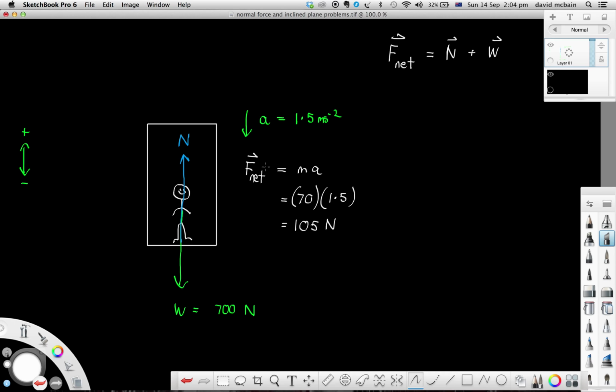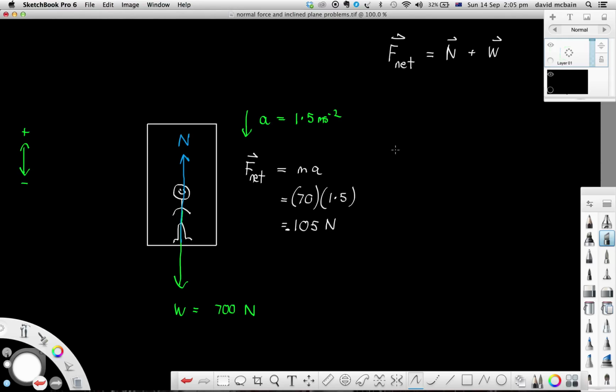Now, because the acceleration is acting down, and the net force always acts in the same direction as the acceleration, the net force is acting down. So that will be a negative value because it's acting in the downward direction.